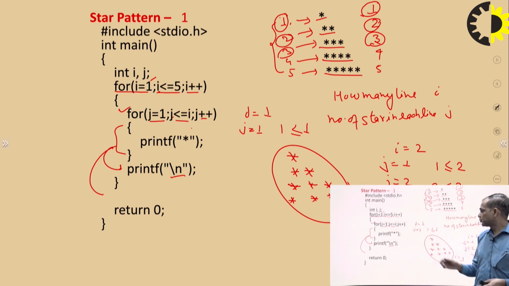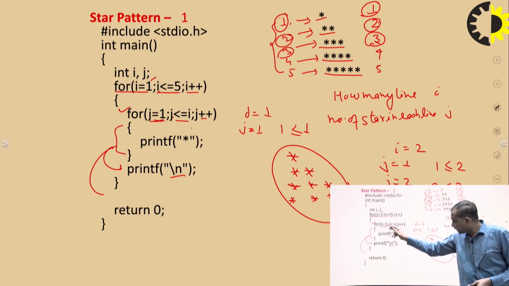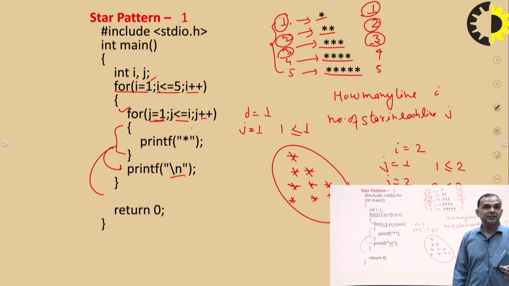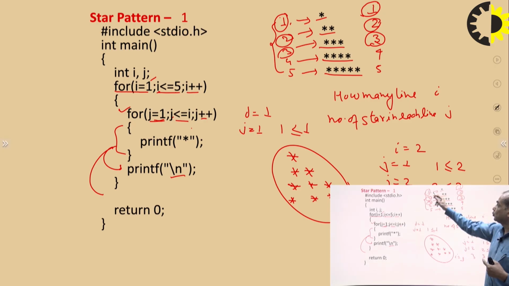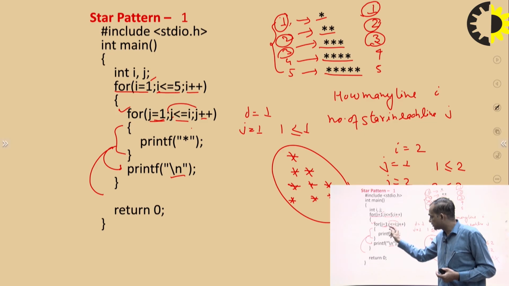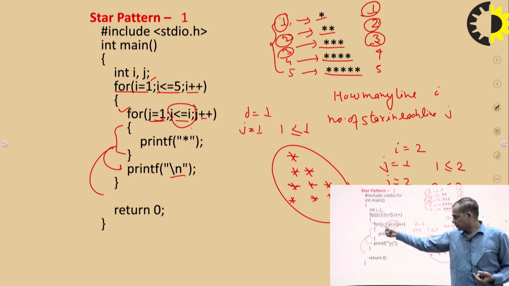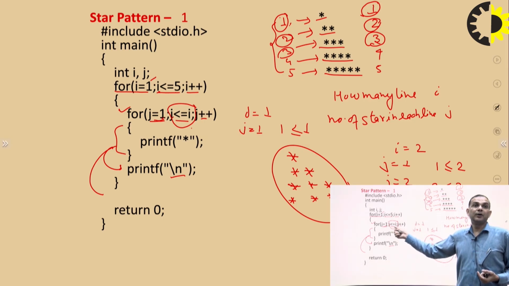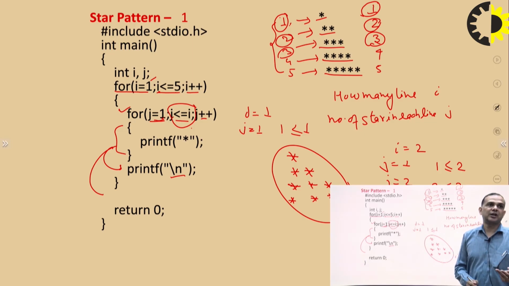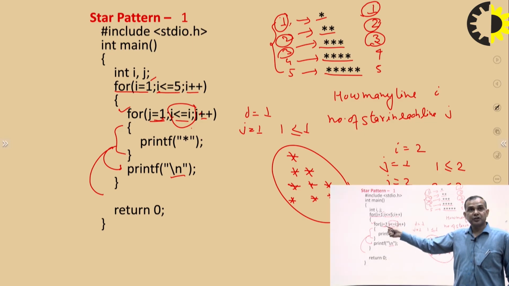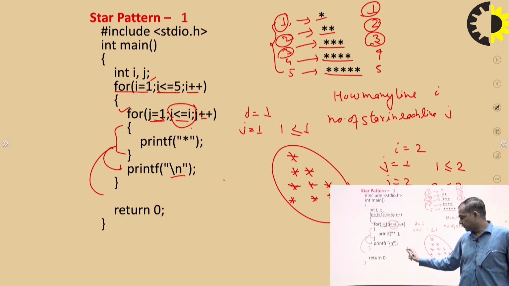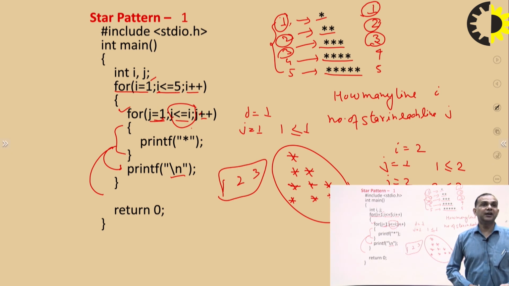So the inner loop we apply depends on how many times it runs, which depends on i. If i equal to 1, the number of stars needed is 1, so we run this loop with j less than or equal to i, that is 1. If i equal to 2, it starts from 1 and goes up to 2, so maximum 2 stars are printed. If i equal to 3, it starts from 1, 2 and 3. So the inner loop will print 3 stars.